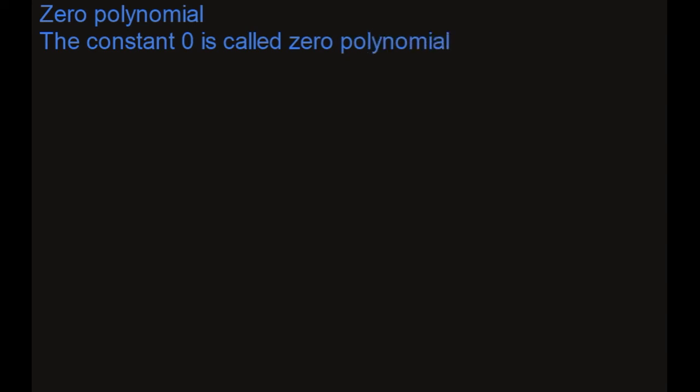The constant 0 is called the zero polynomial. This is the only thing to know in zero polynomial.